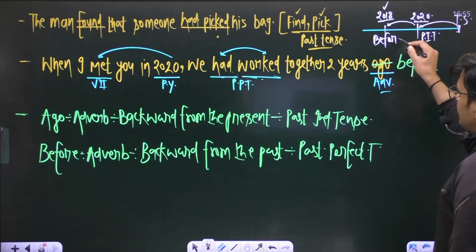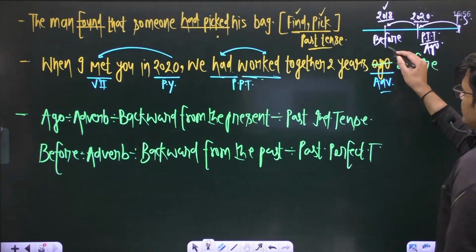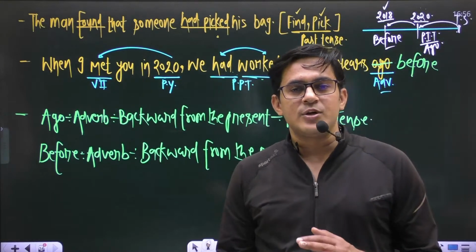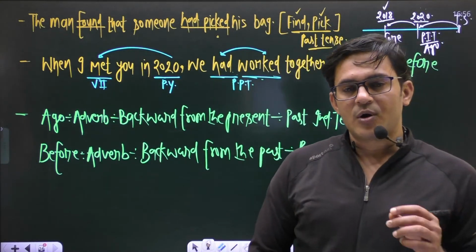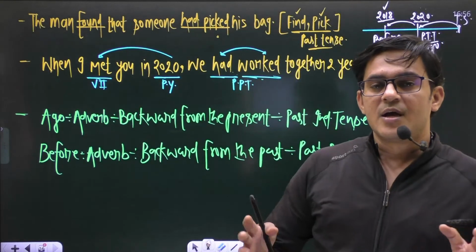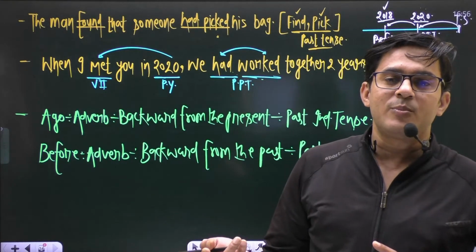This 2020 is backward from the present, so it demands past indefinite tense, and that is ago. So we are talking about the past of the past, and to denote the past of the past we always use past perfect tense and an adverb like before.